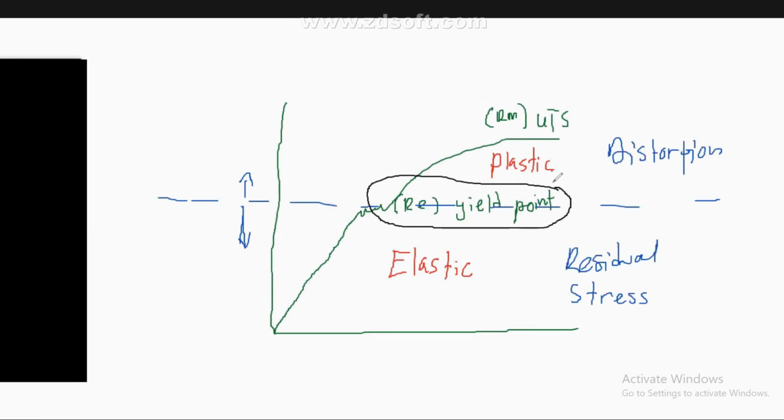Lower yield, lower Re, low residual stress. High Re, high yield, high residual stress. That's what you need to understand. It depends on the value of Re here.